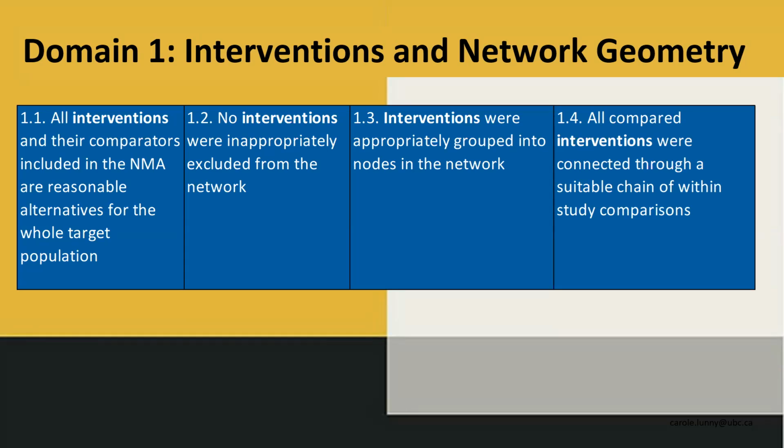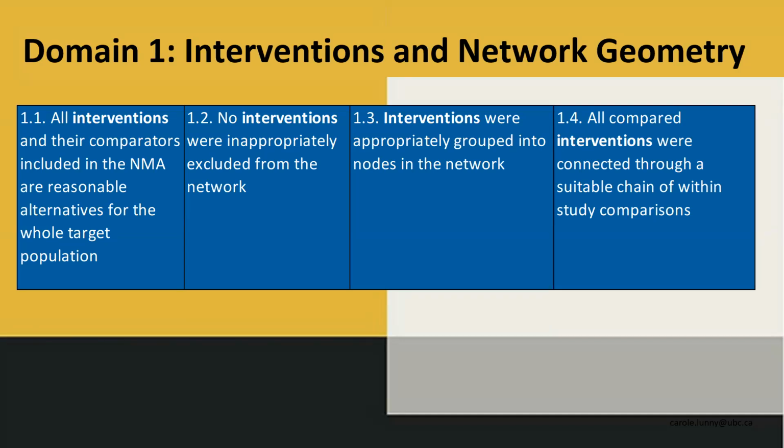This is about joint randomizability. The second is: no interventions were inappropriately excluded from the network. Then: interventions were appropriately grouped into the nodes in the network. And finally: all compared interventions were connected through a suitable chain of study comparisons.